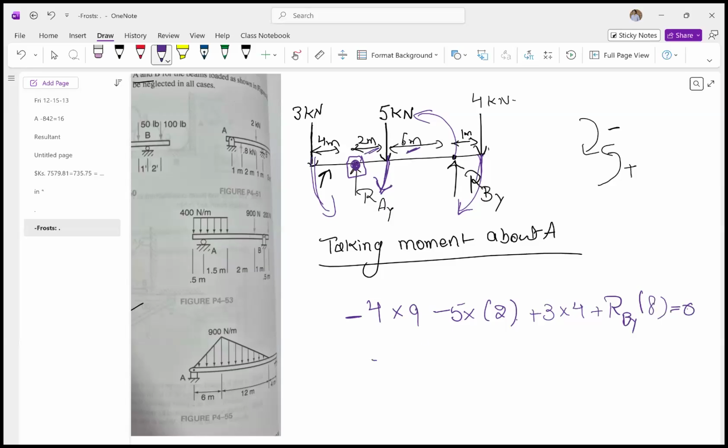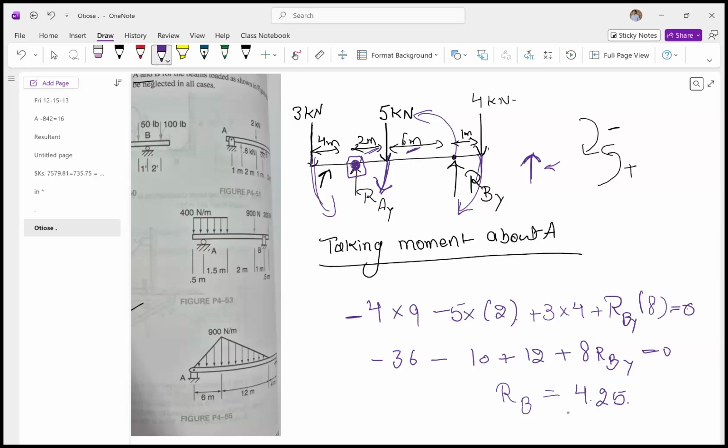So this is going to give you minus 36 minus 10 plus 12 plus 8 RBY equal to 0. Once you solve this, you're going to get the RBY value equal to 4.25, and this value comes out to be a positive number. So the direction of the load that we've taken is the correct one, and we'll keep it as is.